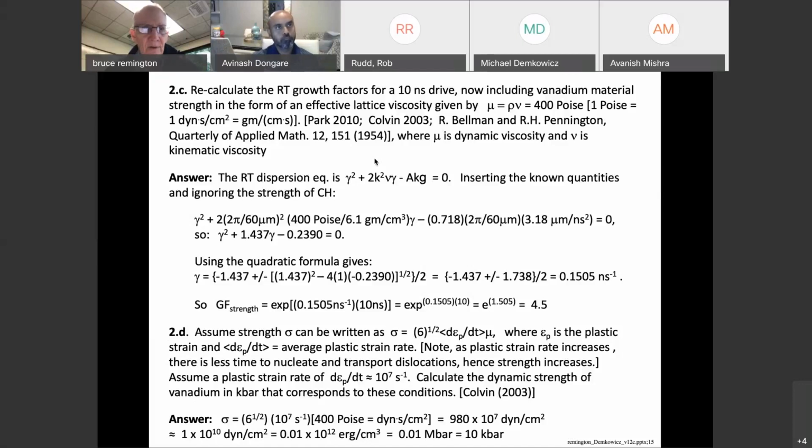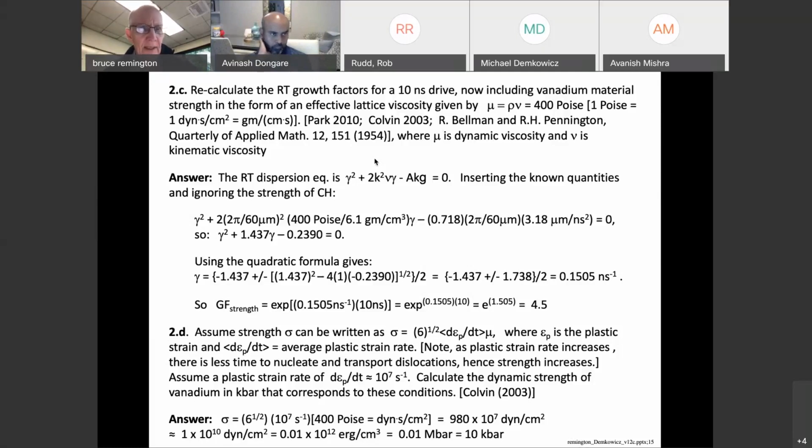And let's see, calculate the strength of vanadium under these conditions, where the strain rate is 10 to the 7 inverse seconds, which is a reasonable strain rate for these laser experiments. Calculate the strength for vanadium in kilobars.